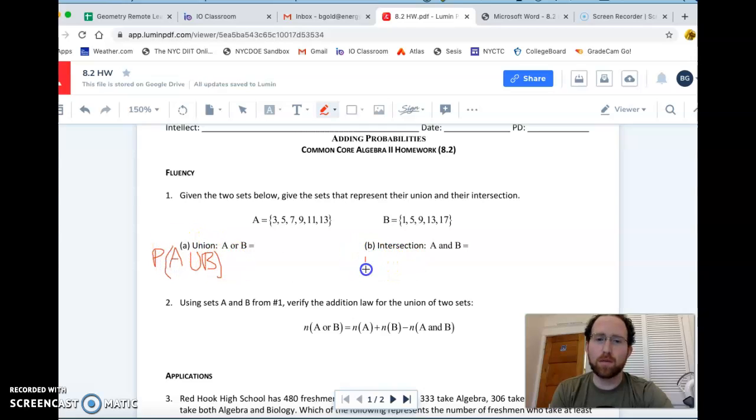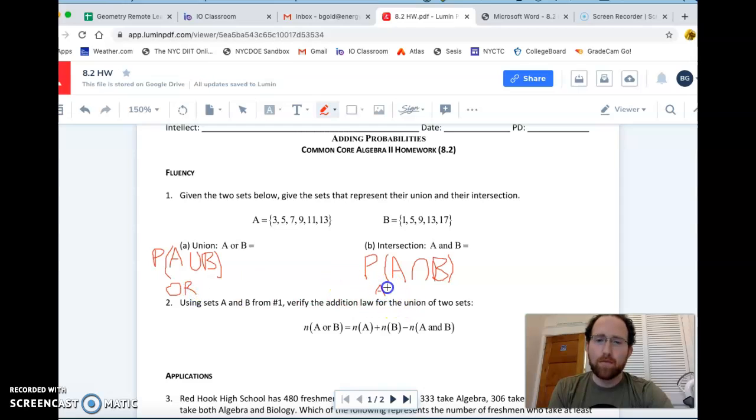For the intersection, we're looking at the P of A upside down U B. That means the intersection. The other way you can think about it is the union is going to be "or," and the intersection is going to be "and."